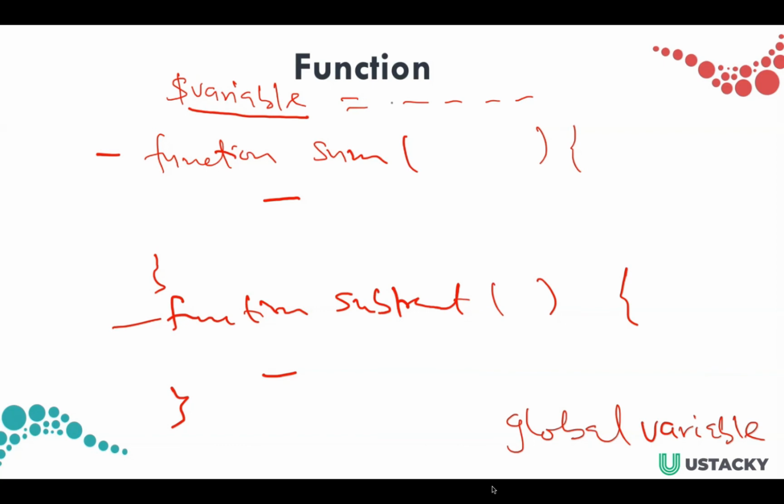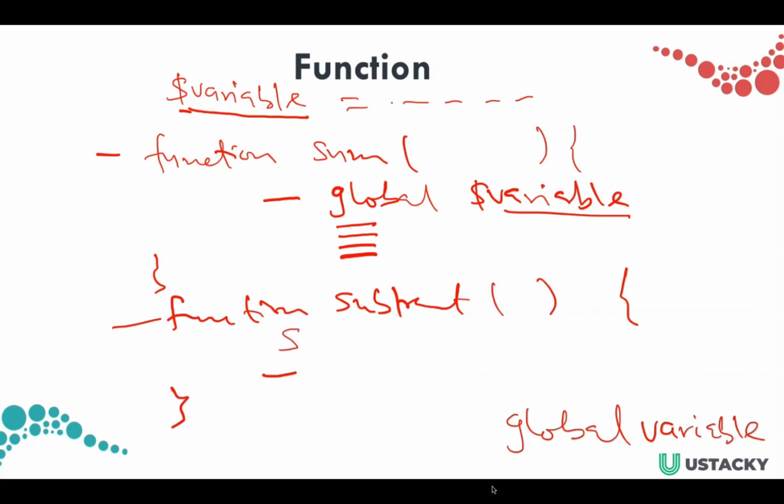But to do that, you can do either of these two things. The first one is, before you access the variable, you have to put the keyword global. So you have global $variable, and after this, you can access this variable. The other way to do it is to use the globals array.